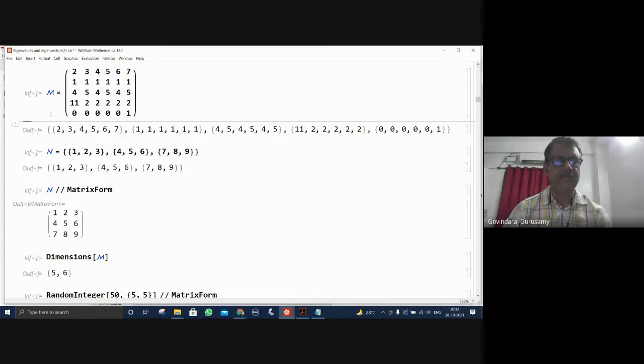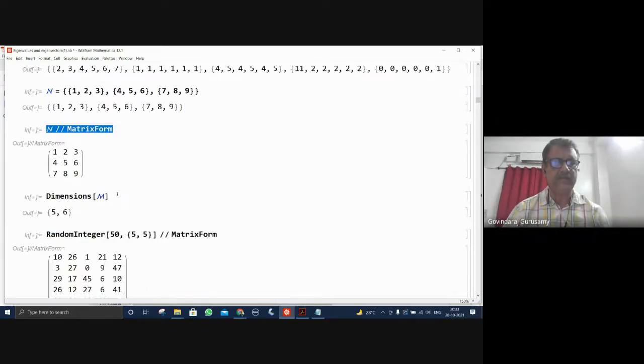Now there are two matrices given, M and N. You can see it's listed out row-wise. Matrix form means you write N and put it in matrix form. This N is already equated to this, therefore that N is available. If I write like this separately, nothing happens to your N which is defined like this; that can be operated.